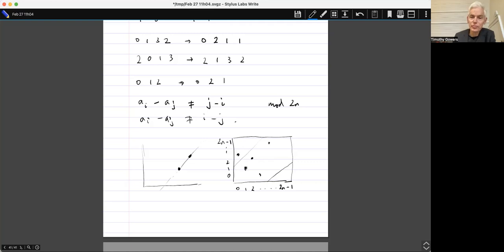Is there something annoying, but potentially useful, if n is even? No, because they're all of the form y minus x equals lambda or something like that. And so there are 2n of them. It's one for each value of lambda.